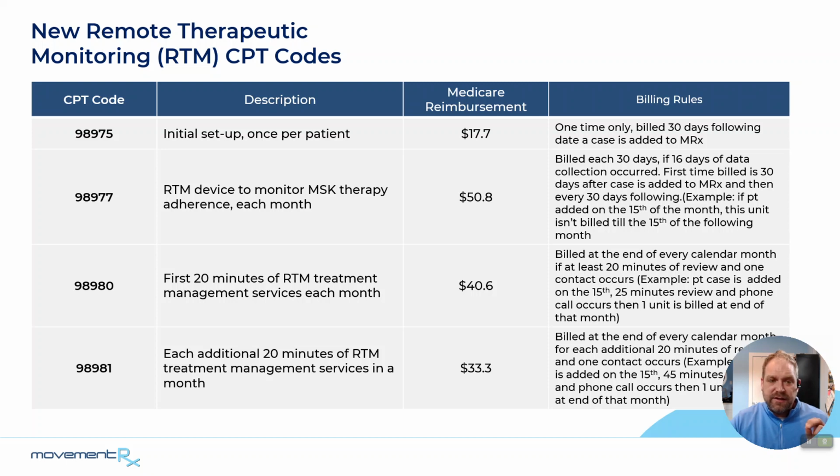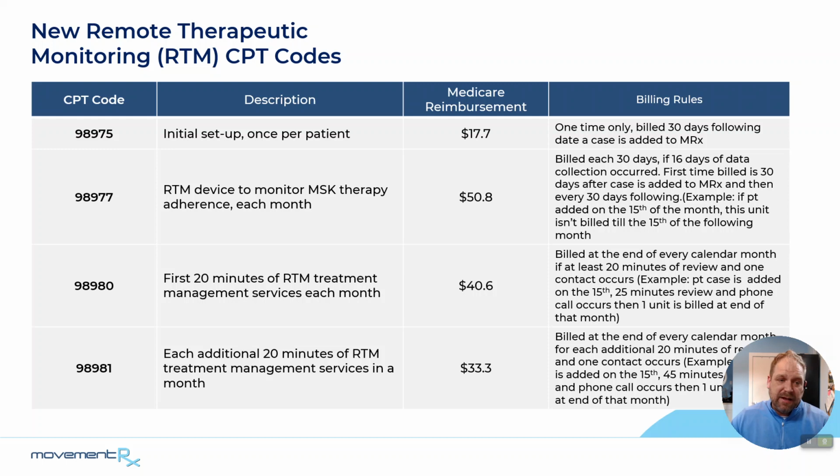Two-way audio communication could be a phone call, a video conference, or an in-person conversation that was outside of patient care time, but that has to occur in order to meet the qualifications for this 980 code. That's reimbursed at $40.60. Any additional 20 minutes is 981, which has the same rules and a little less reimbursement, but you have to have that phone call once a month and at least another 20 minutes.